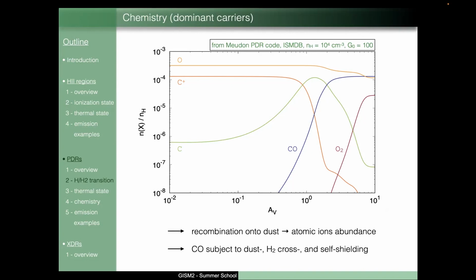The photodissociation of CO happens in lines, and those three processes can be important in a photodissociation region. It depends on where you are in the PDR, and it also depends on the properties of your PDR. So sometimes the shielding of CO by these different processes is such that you can even kill the transition from C+ to C and only see a transition from C+ to CO.